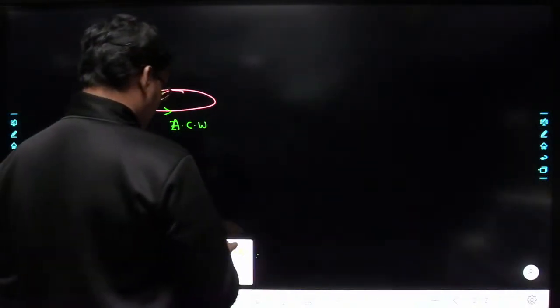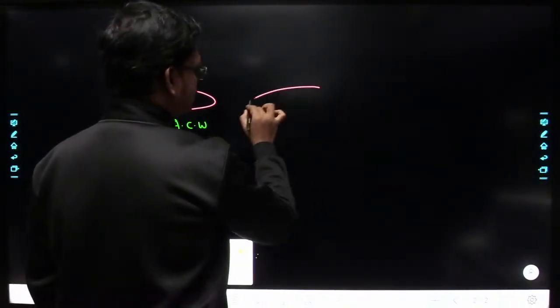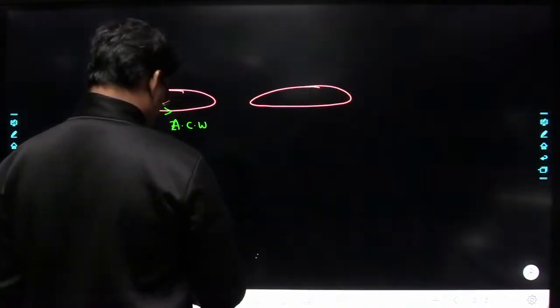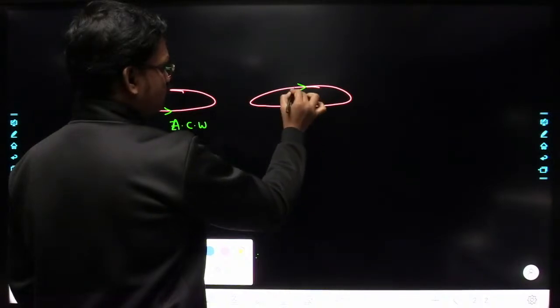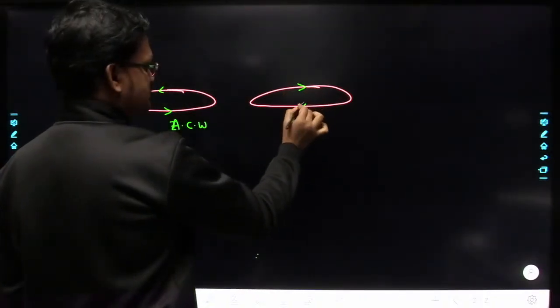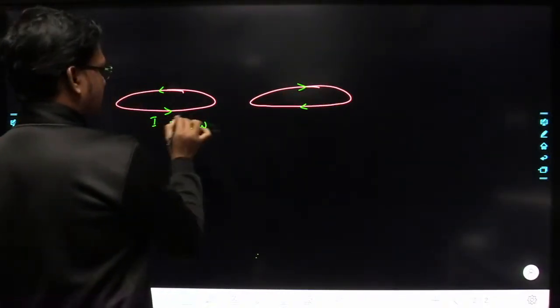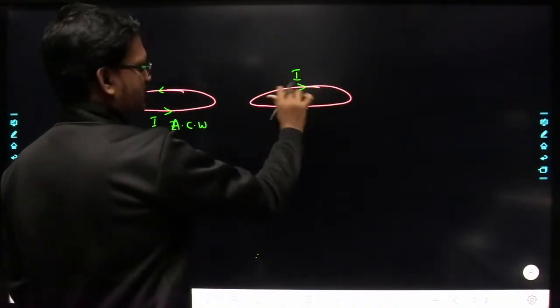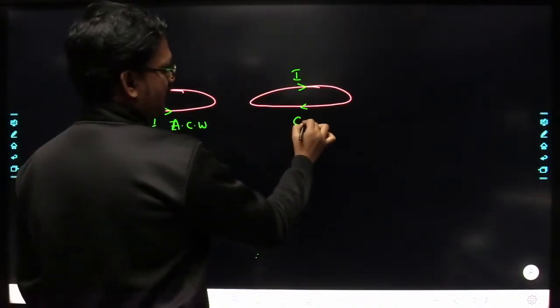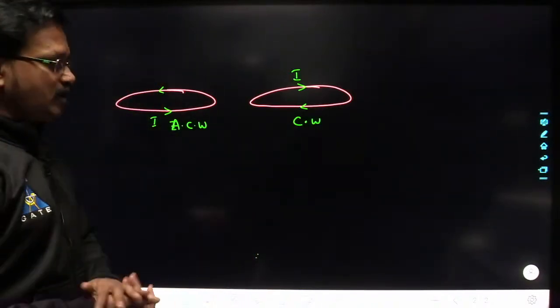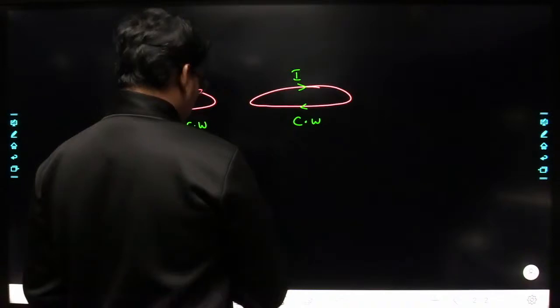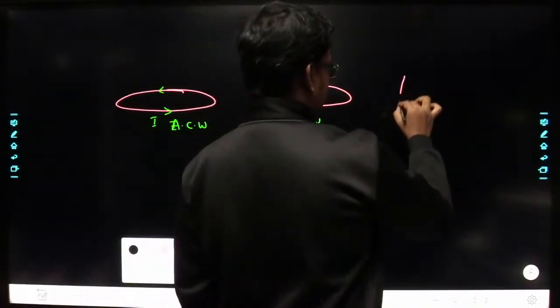And whenever I consider the loop like this, and suppose the current is circulating in this manner, I am considering this as clockwise. Understood? So next, we have considered the loop like this.